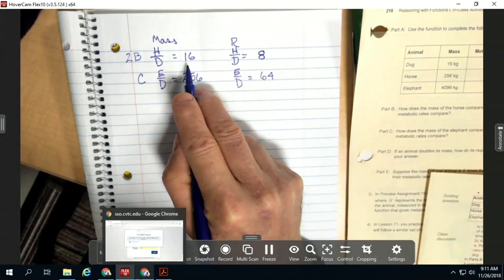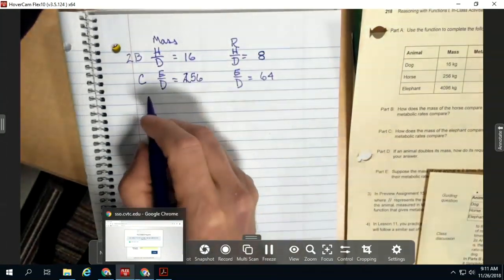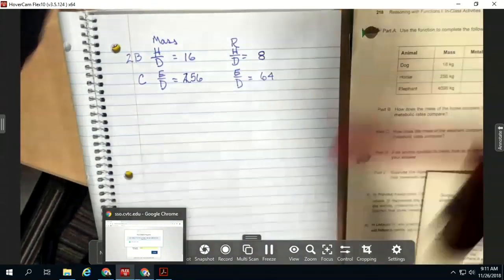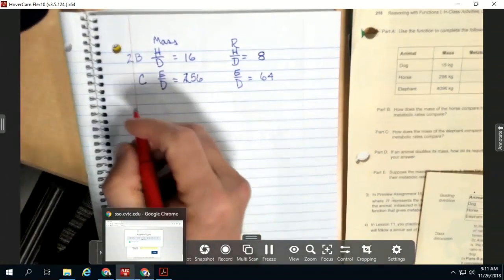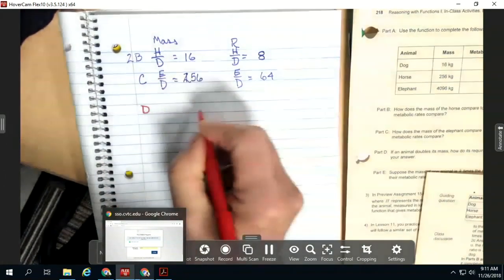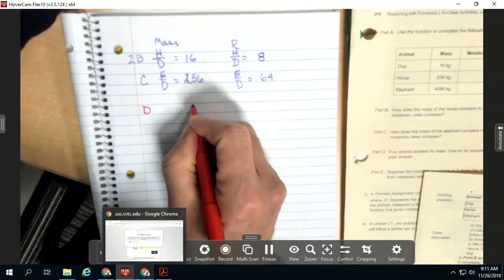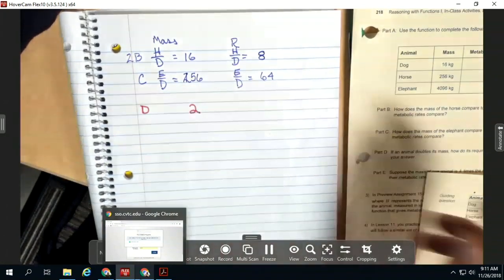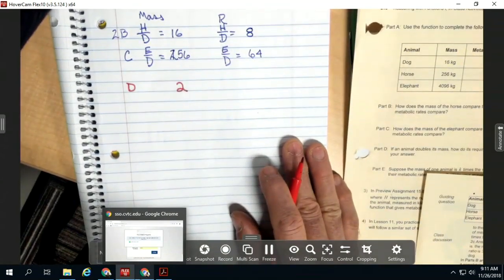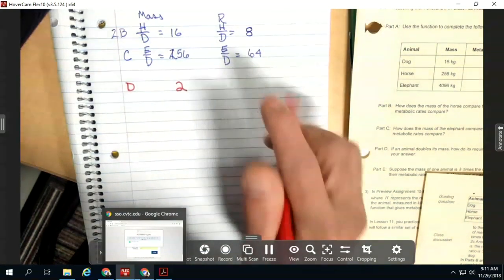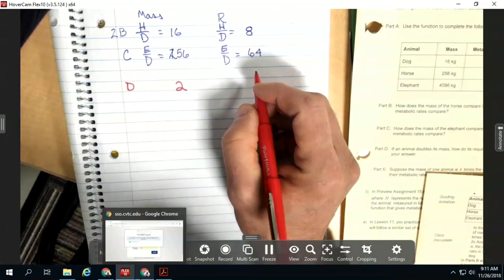So part D says, now we want the mass to double. What does this over here become?